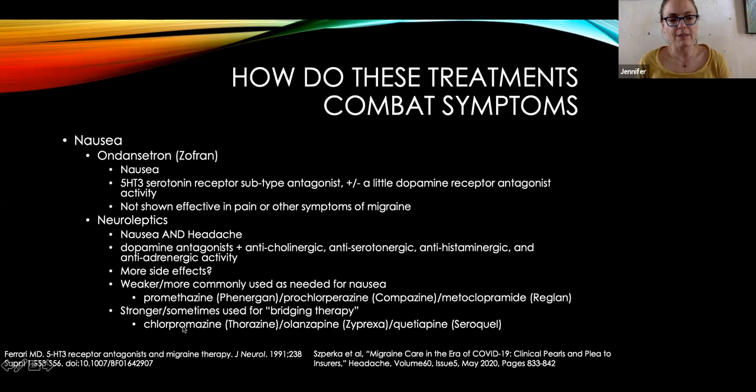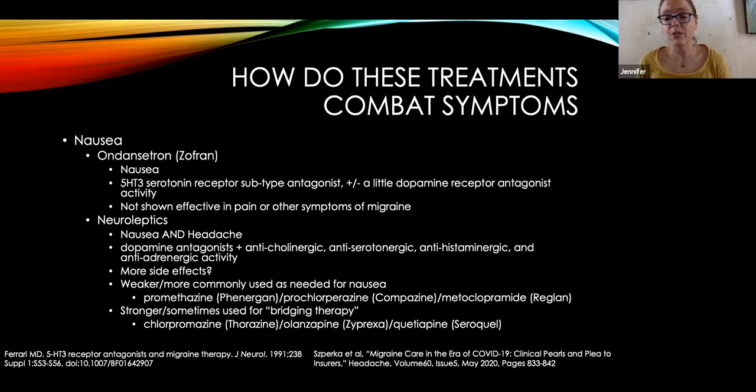There is also a bunch of them that you might not have heard of so much, like Thorazine or olanzapine, stuff like that, which we don't use routinely to treat migraine nausea, but we might use them to break up a really bad prolonged migraine, or what we call status migrainosus.